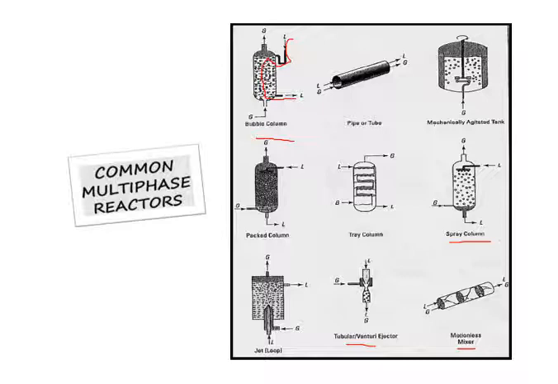So of all these reactors, in this CHE505 we will design a bubble column, a spray column, a packed column. The other one is the falling film reactor.